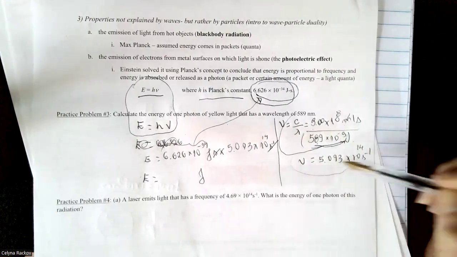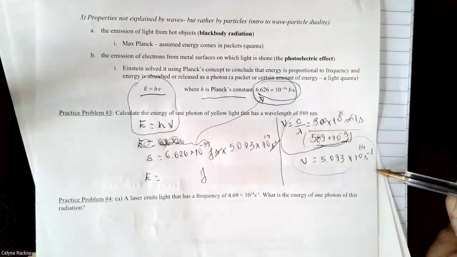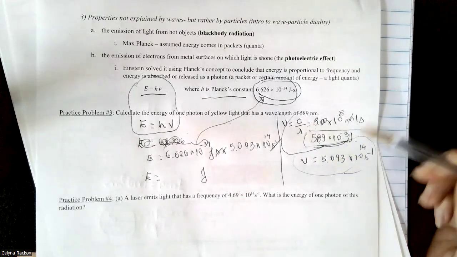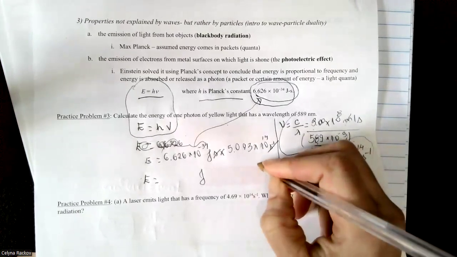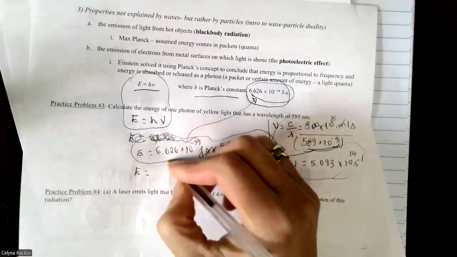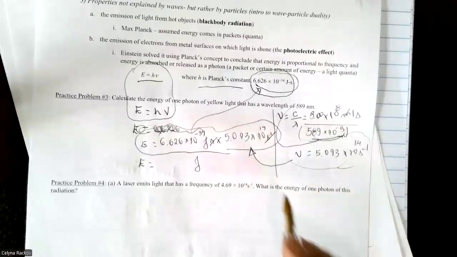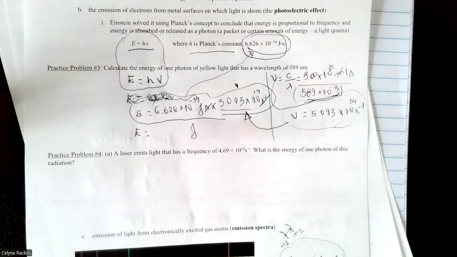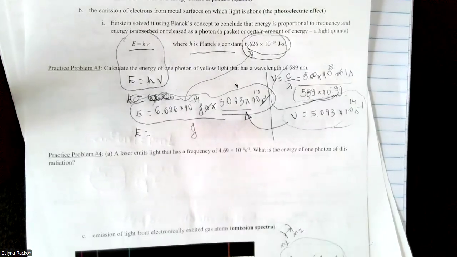Then for this frequency here, you should get this number, right? Okay, now let's go back to calculate energy. This is the frequency, this value that was calculated separately here. All right.